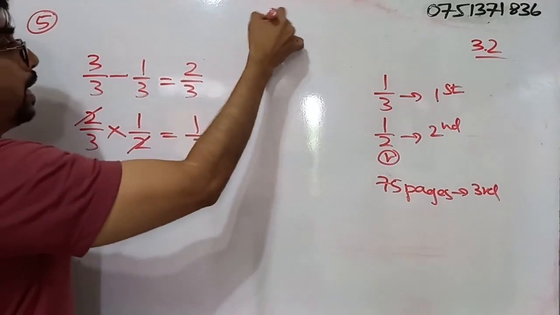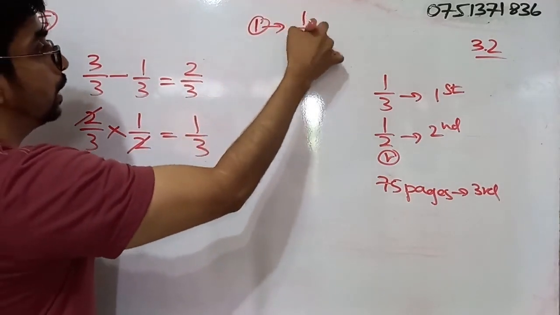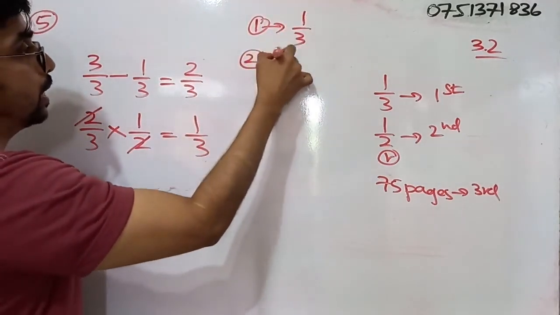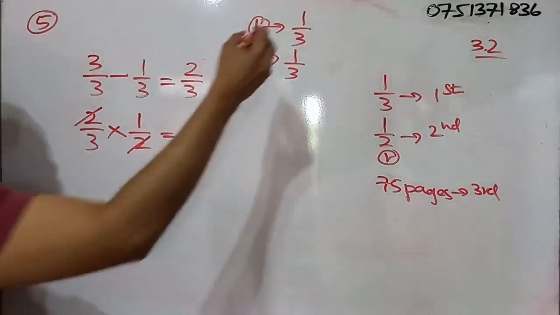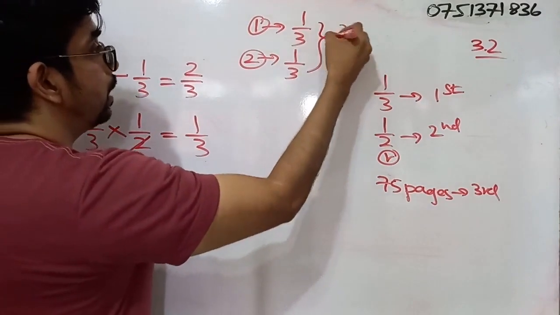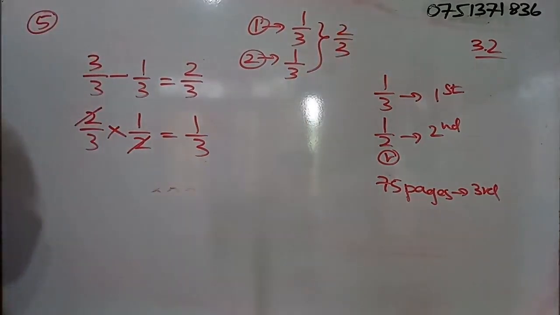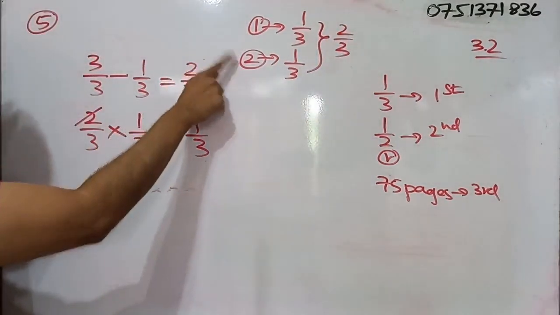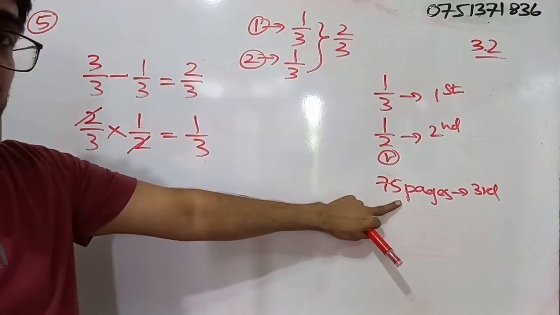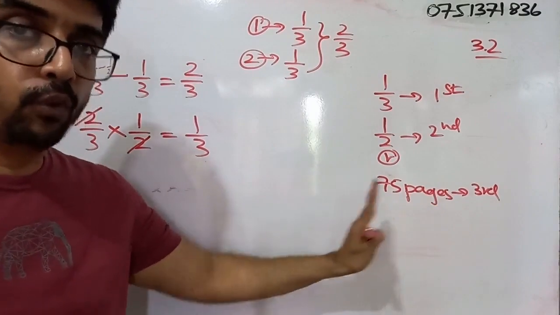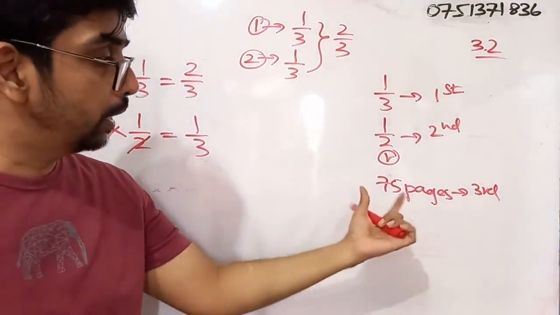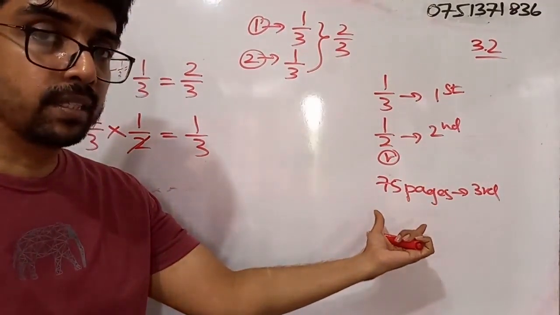On the first day, she read 1/3 of the book. And the second day, she read also another 1/3 of the book. So altogether, on the first and the second day, she read 2/3 of the book. So the remaining pages, on the third day, she read, no? So the number of remaining pages were given, 75 pages.